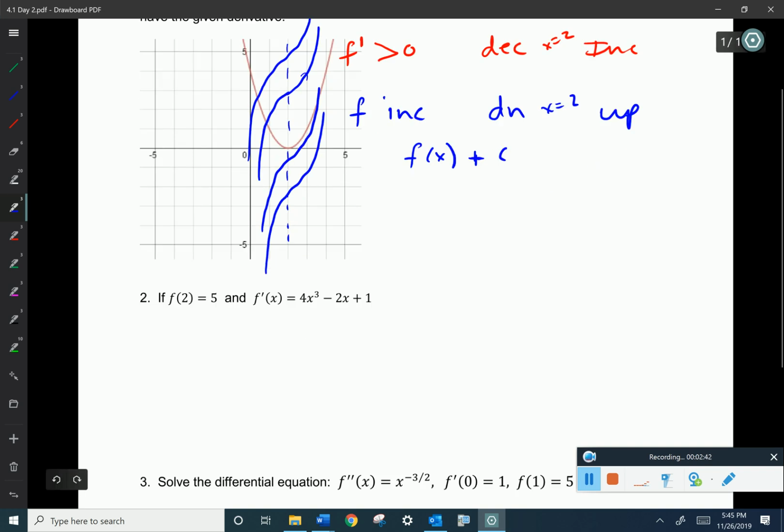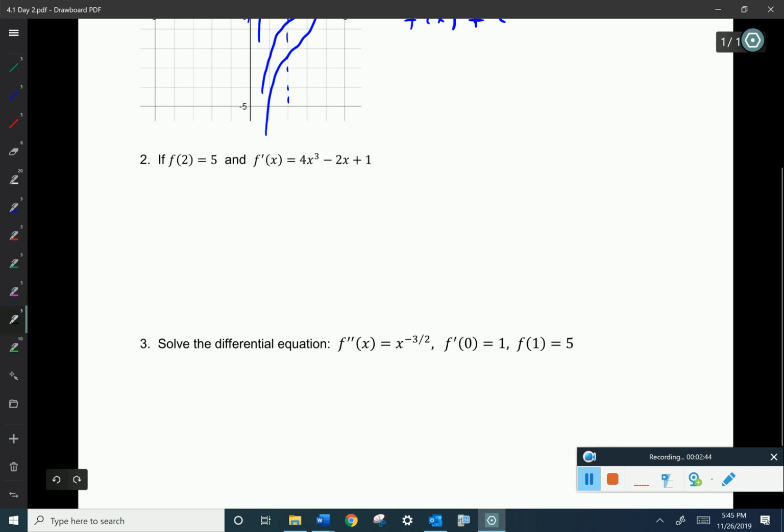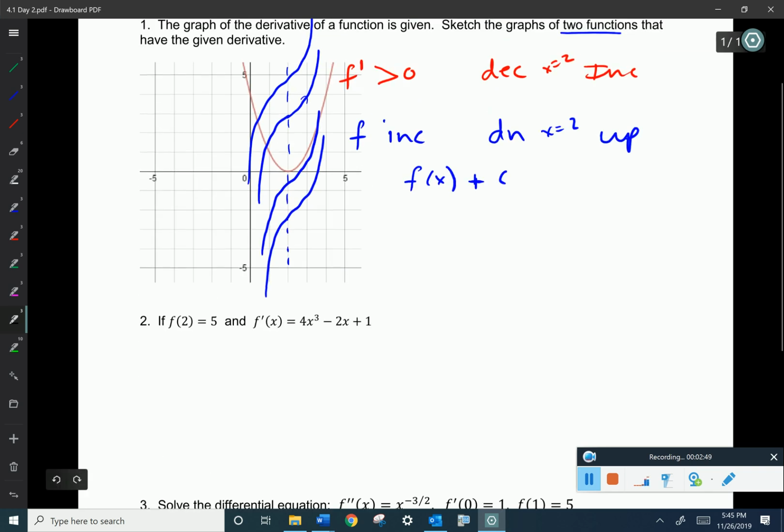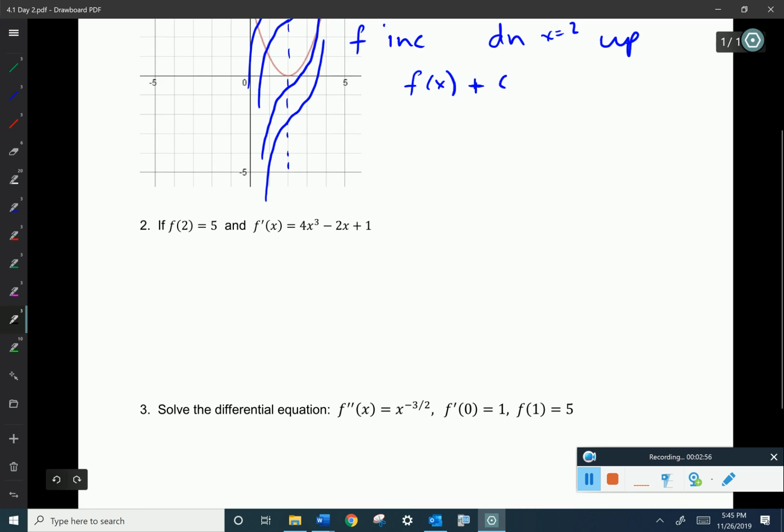Okay, next example, if you look at example 2, this time, instead of being given the graph of the derivative, we're given the equation for the derivative. And notice we're given an ordered pair on the original function. Well, what's missing here is the rest of this should say find f of x. In other words, find the equation of the original function. Well, I know that the original function is going to be whatever I get when I integrate the derivative, right?